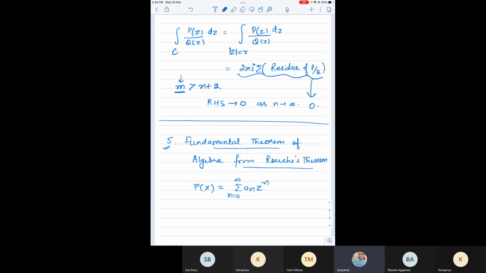Yes, right. So for the given polynomial, we define f(z) as a_n z raised to power n and h(z) as the other remaining terms. Now choose R large enough so that this condition is satisfied.